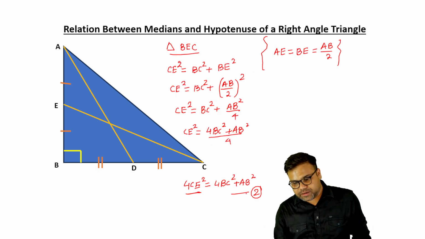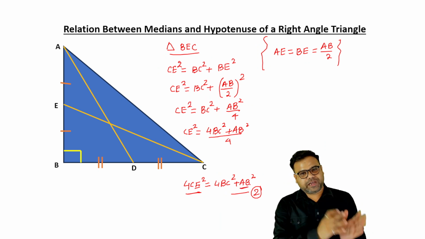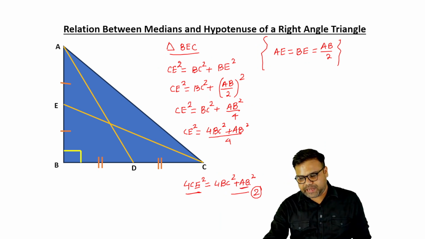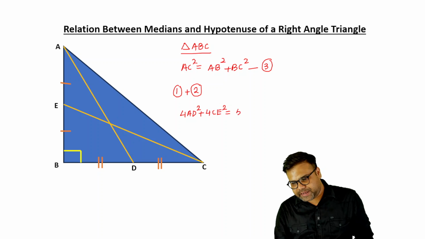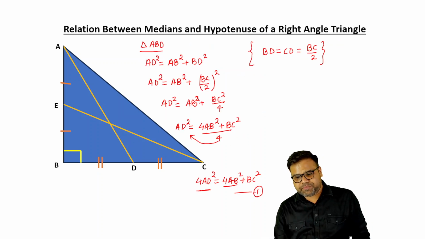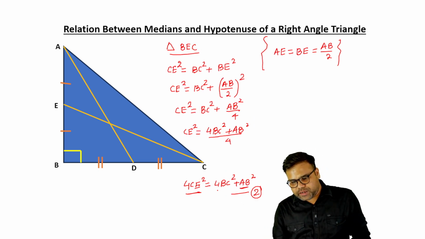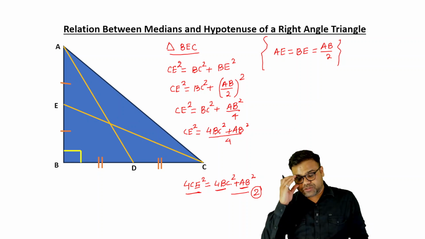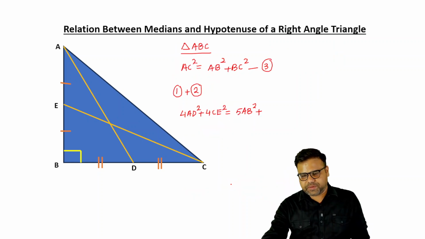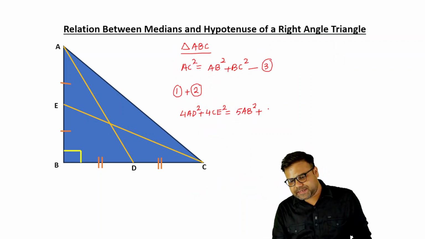In equation number 2, you can see AB square. So 4AB square plus AB square, 5 times AB square. Plus, in equation number 1, here is BC square. In equation number 2, here is 4 times BC square. So if you add, it will become 5 times BC square.